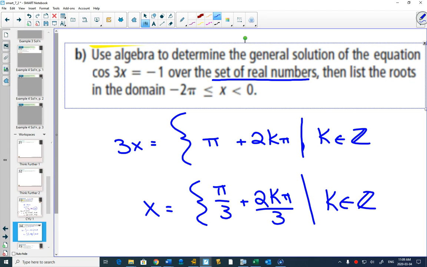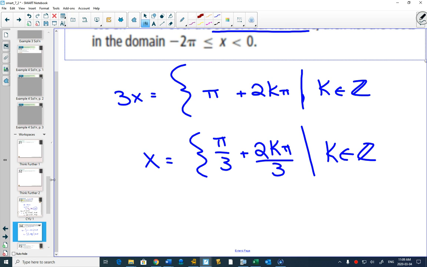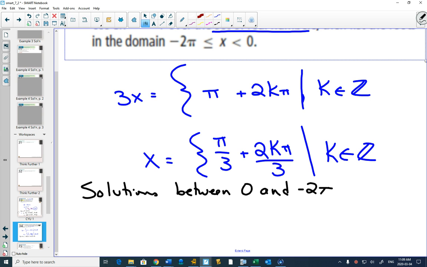Once you have your general solution, you can find, because it says now, find your solutions between 0 and -2 pi. First of all, k can be any integer.